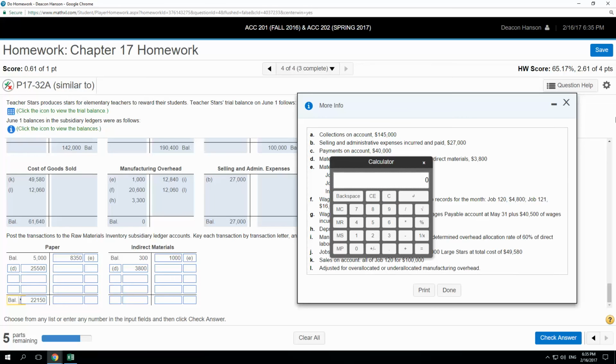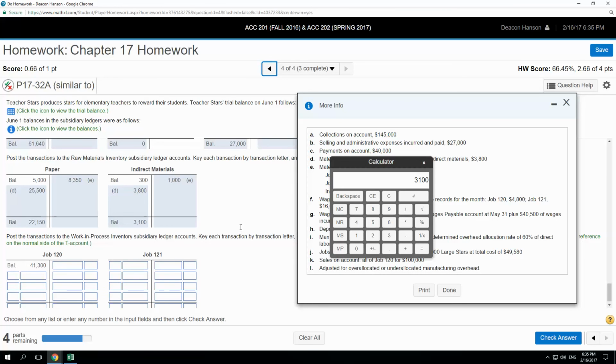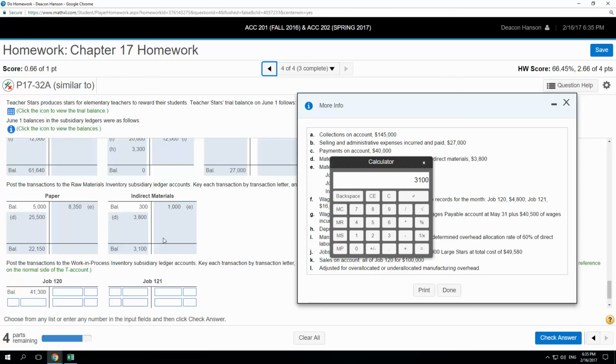Then we'll do the indirect material. Check that guy. Okay. So that's just looking at the raw material.